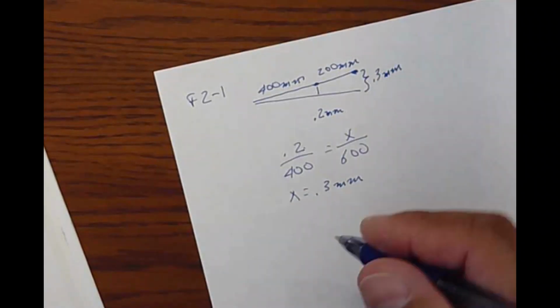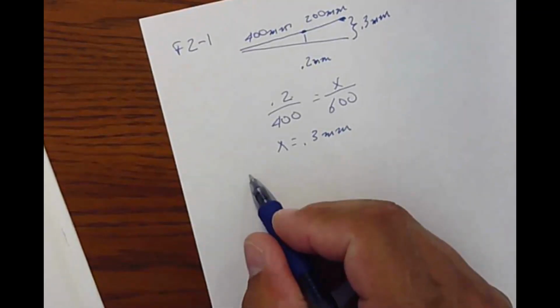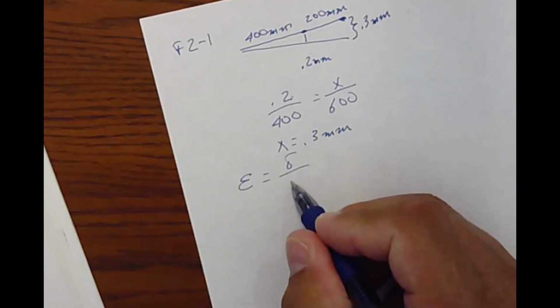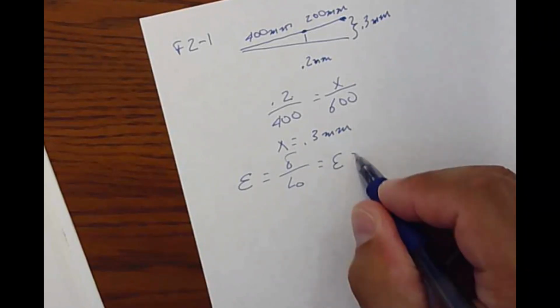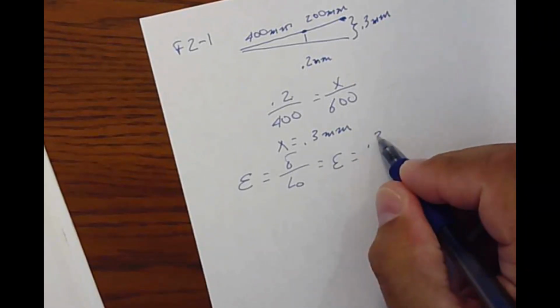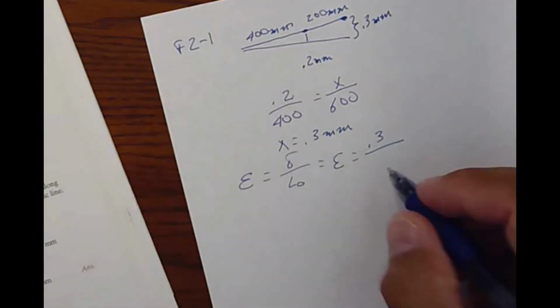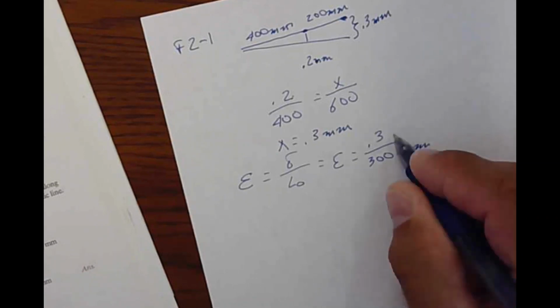Well, now we know the deflection. To get the strain, strain is just equal to delta over L naught. And therefore, strain is going to be equal to delta, which is 0.3, over the original length, which is 300. Those are all in millimeters.